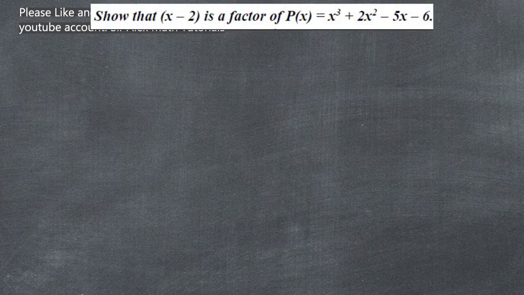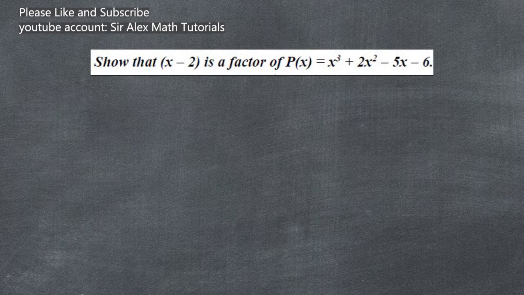Show that x minus 2 is a factor of p of x equals x cubed plus 2x squared minus 5x minus 6. There are two ways of evaluating if x minus 2 is a factor of this polynomial: either evaluating or using synthetic division.